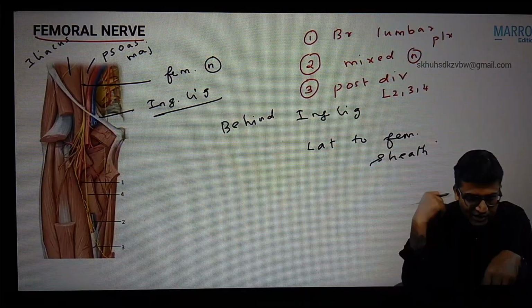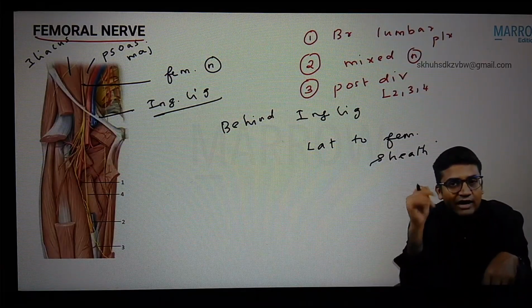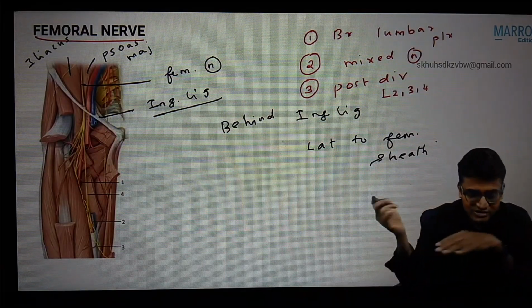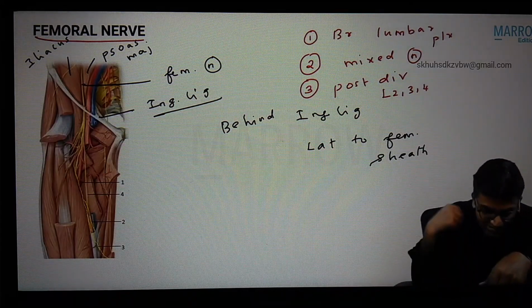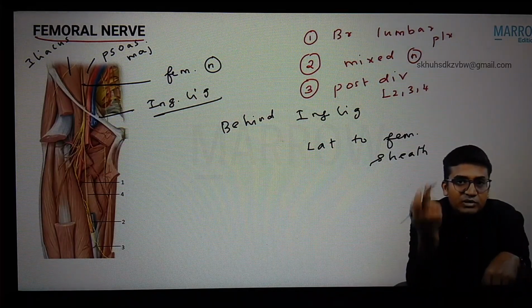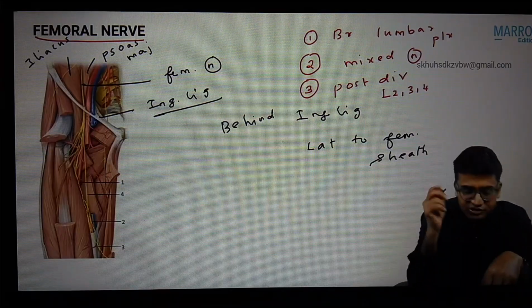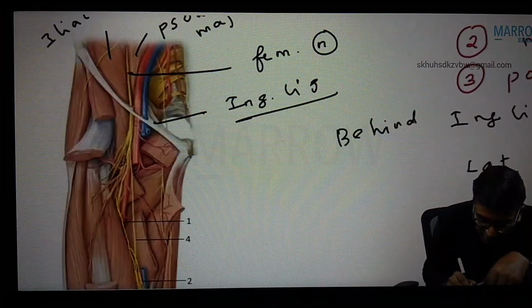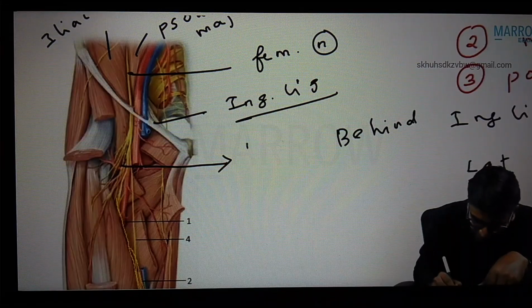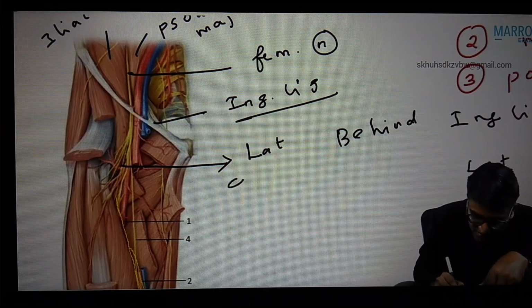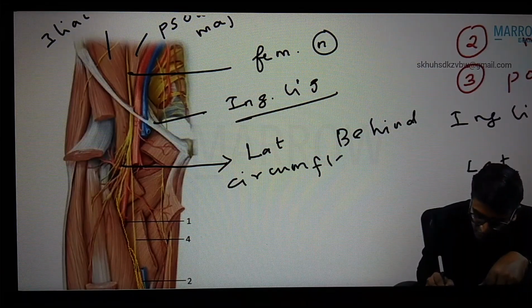And the femoral nerve, after that, divides into two divisions, anterior and posterior division. Now, what is the structure present between the anterior division and the posterior division of the femoral nerve? This artery. That is our lateral circumflex femoral artery.